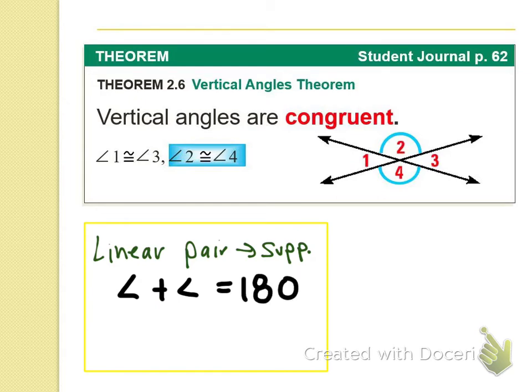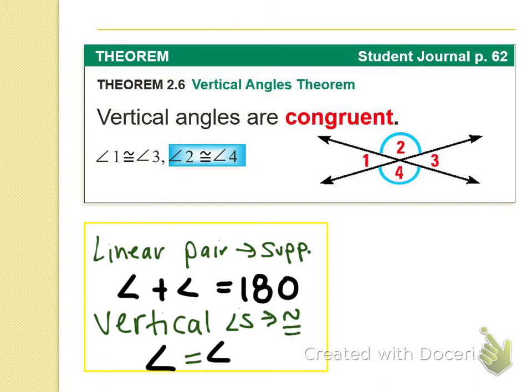If you have vertical angles, what do we know about vertical angles? They are congruent. So you're actually going to take the angles and set them equal to each other. So if you have a linear pair, they add up to 180. If you have vertical angles, then they equal each other. They're the same measure. That's what we're going to be asking ourselves in a second.